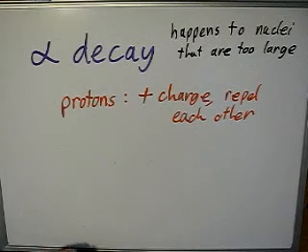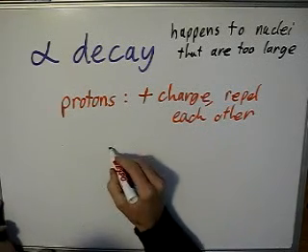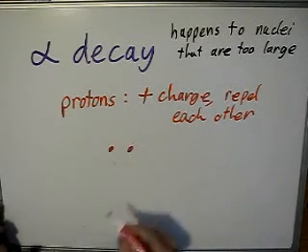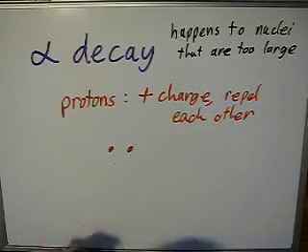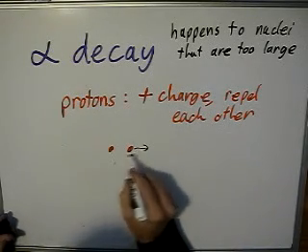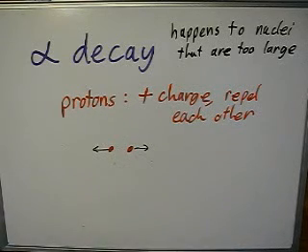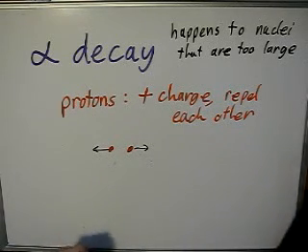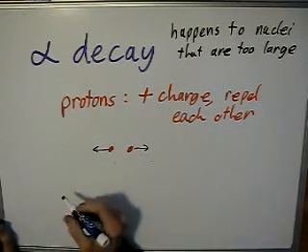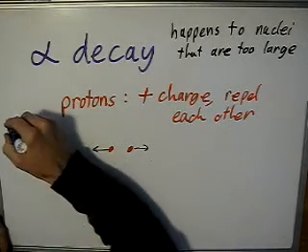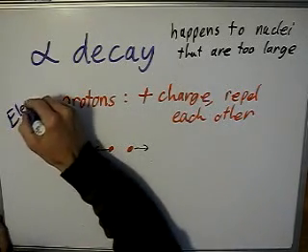If I had two protons and I just brought them close together, there would be a tendency for them to want to push each other apart. This is called an electric force.